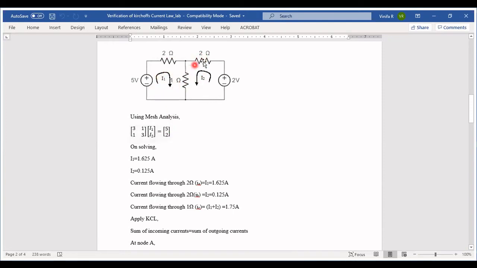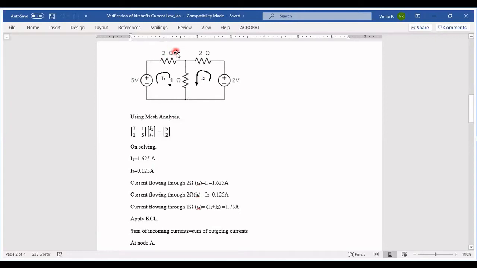In the second loop, the 2 volt source is present, plus through the circuit to minus. The source current direction is the same as the loop direction, so plus 2. On solving these equations, we get the loop currents I1 is equal to 1.625 amps and I2 is equal to 0.125 amps.